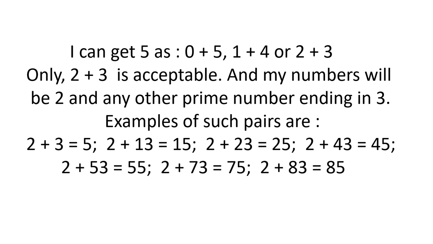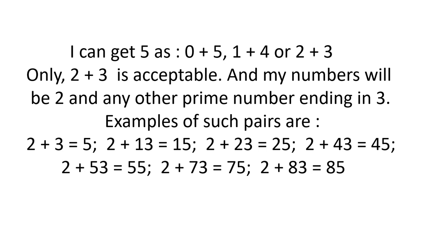So let us first try to get 5 as the unit digit of the sum. I can get 5 as 0 plus 5, but this combination is not acceptable because no prime number ends in 0. 1 plus 4 also gives 5, but this combination also is not acceptable because no prime number ends in 4. The third combination is 2 plus 3.